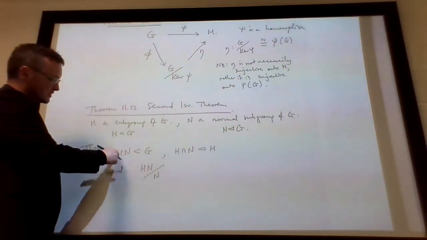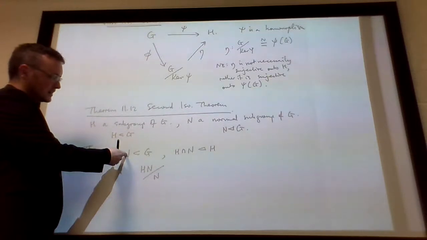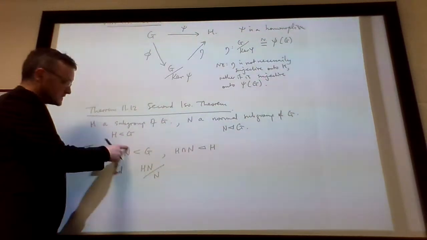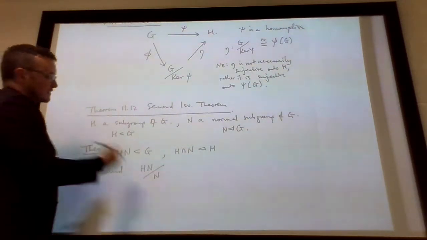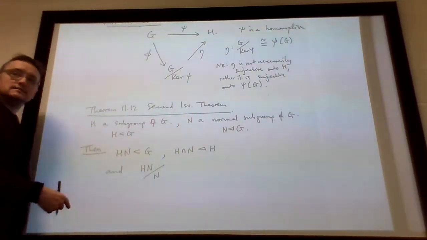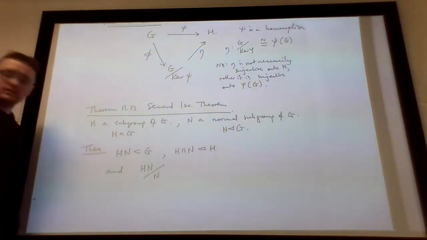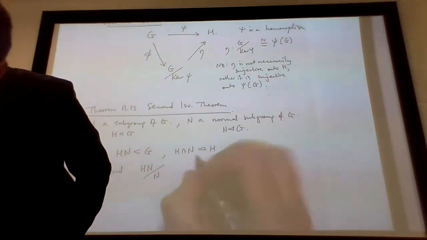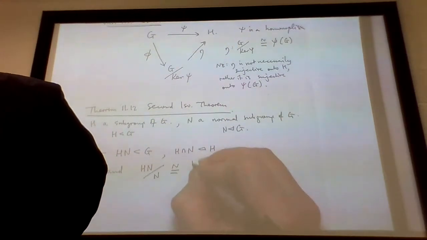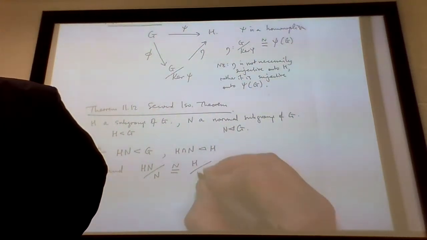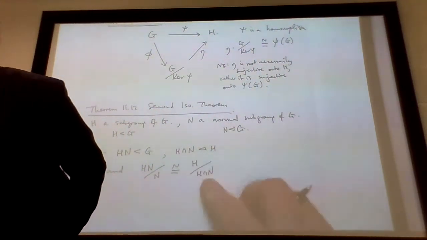So some of the products in here are the identity element times any element from N. So this product of subsets certainly contains N. Therefore, N will be normal in it. So this factor group will be a valid construction. And the other conclusion is that this is isomorphic to H factor group by this normal subgroup of H.